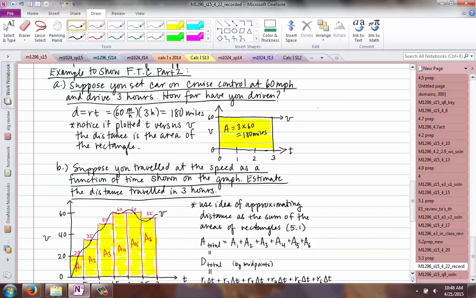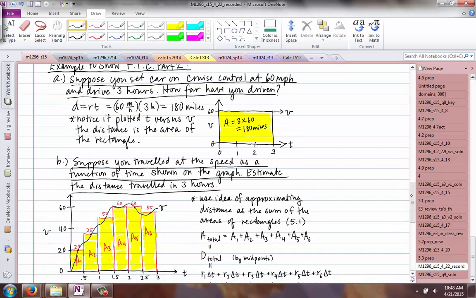And so taking r times t would correspond to taking the height of the rectangle times the width, which is defined by the time, and you get 180 units squared, which is, in this interpretation, the distance. So kind of a weird thing to do, but that's just motivation for Part B.